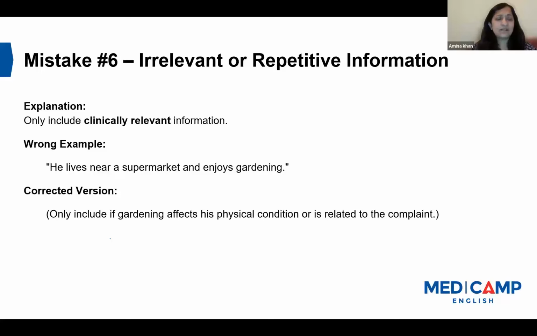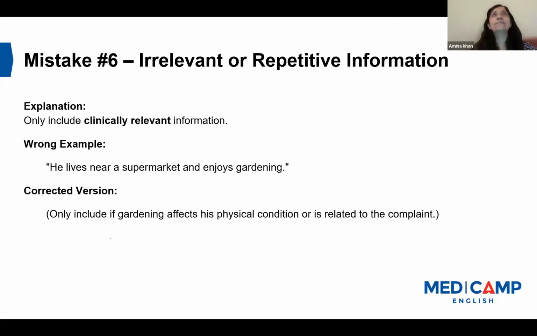This is an example. I'll just go through it quickly. He lives near a supermarket. Obviously, it's very understandable that telling about the patient's exact location is not relevant. So we don't need to tell about where the patient lives, but sometimes the hobbies of the patient or the profession of the patient is very important to be mentioned.